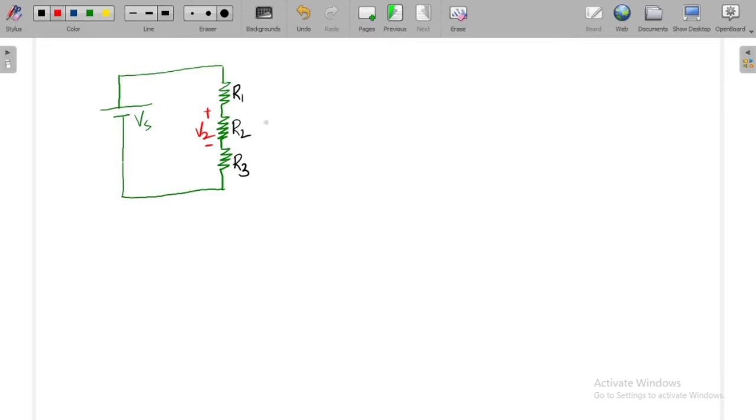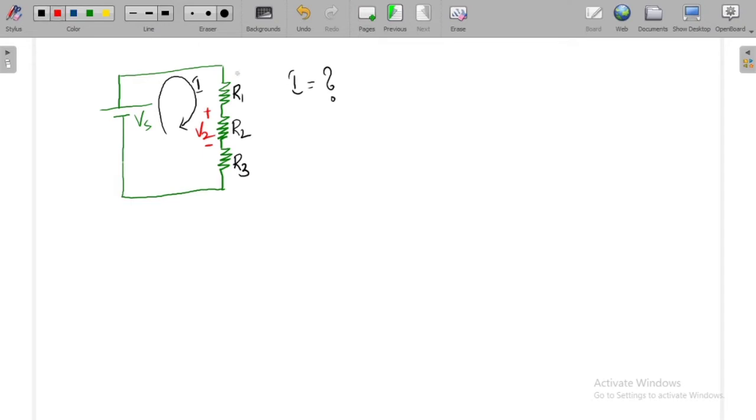In order to find the voltage across R2, which is V2, how can I find? So first we need to apply KVL and we need to apply Ohm's law in order to find the voltage. It is called as voltage division concept.